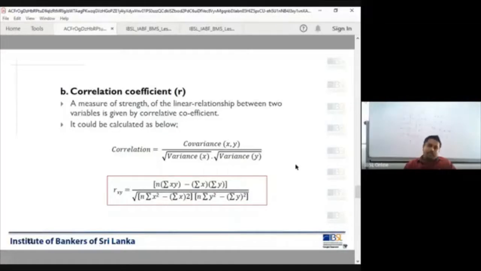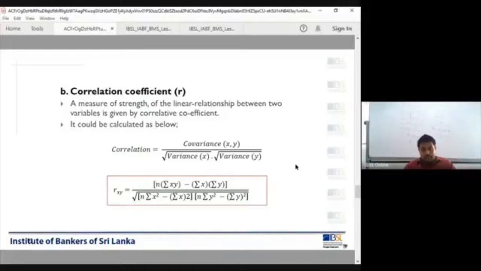Under the correlation coefficient, simple r, we are going to give it a numerical value. By computing r, you should be in a position to comment on the strength of the relationship in numerical terms.